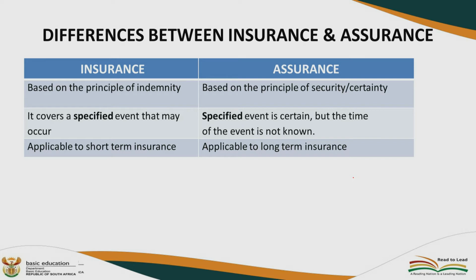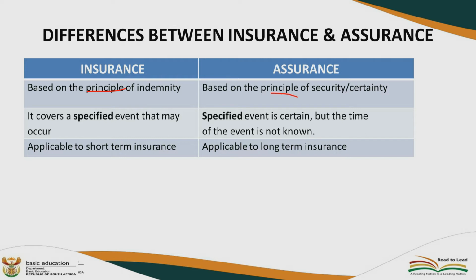Now let's look at the differences between insurance and assurance. Learners, let us look at the principle here. Here we've got 2 principles. Insurance is based on the principle of indemnity. It is important that you note this principle, which is used to differentiate insurance and assurance.